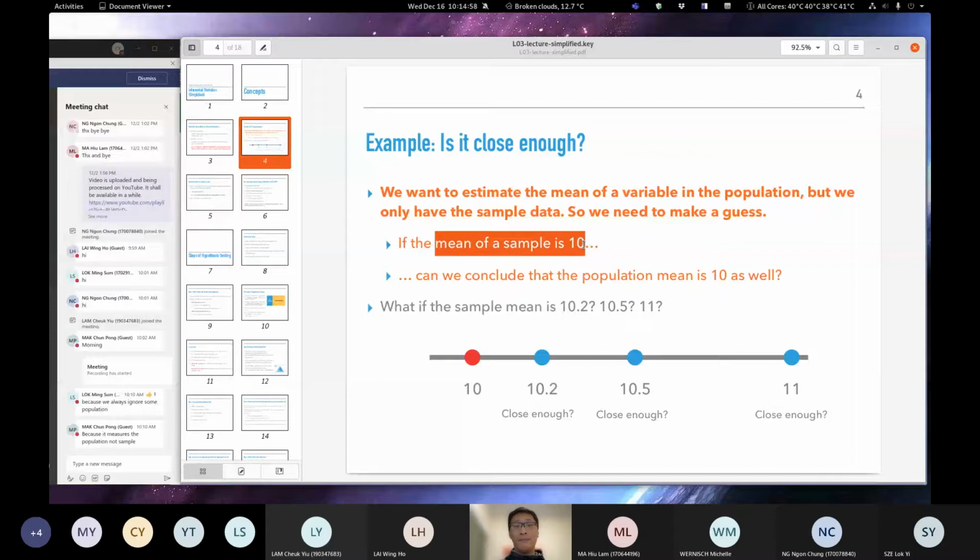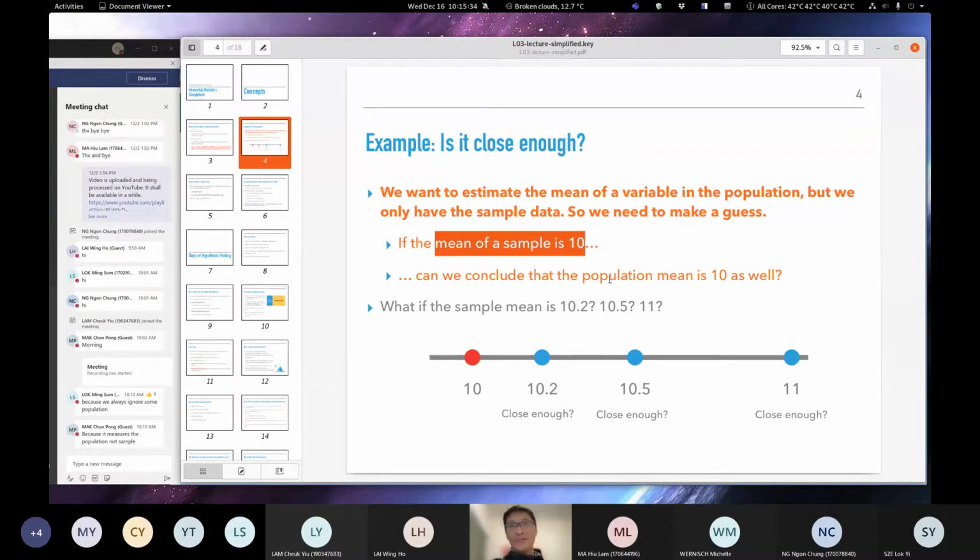That is totally from the sample, but not the population. Then we ask the following question. Can we conclude that the population mean is equal to 10 as well? Think about this. We look at the sample, we find that the sample mean is 10. The sample may be a small one or maybe a large one, we don't know. And then if the sample mean is 10, can we conclude that the population mean is 10 as well?